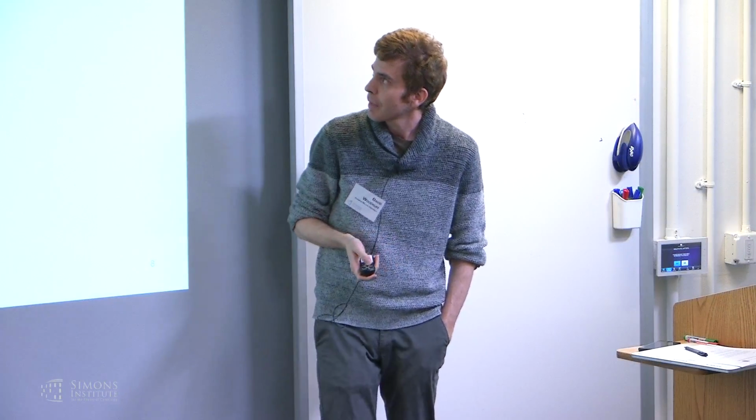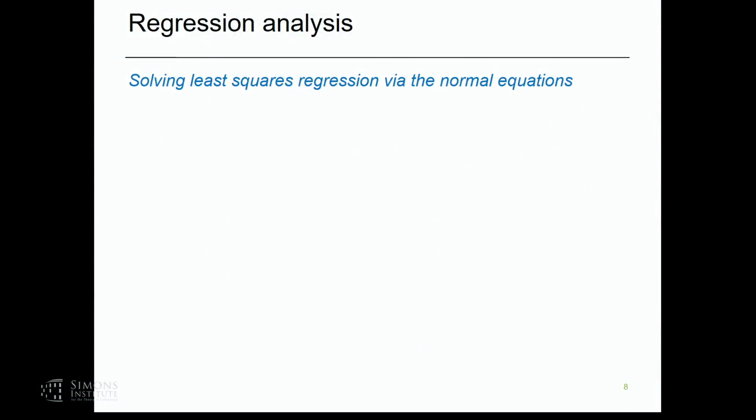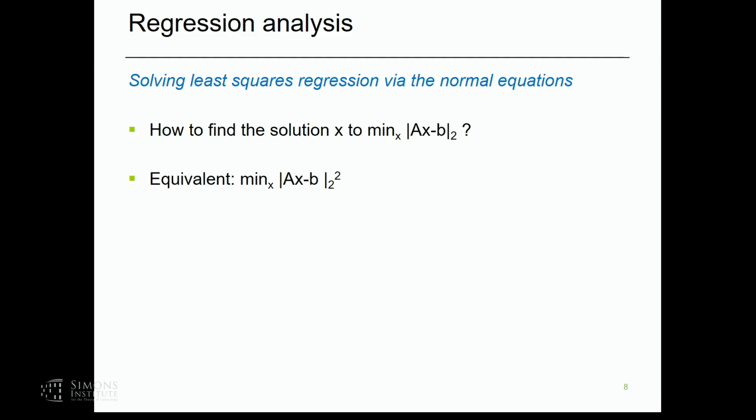Okay. Another nice property about least squares is that there's a nice closed form solution. We can solve least squares via the so-called normal equations. So how to find the solution? Well, let's look at the least squares objective function, or equivalently the square.